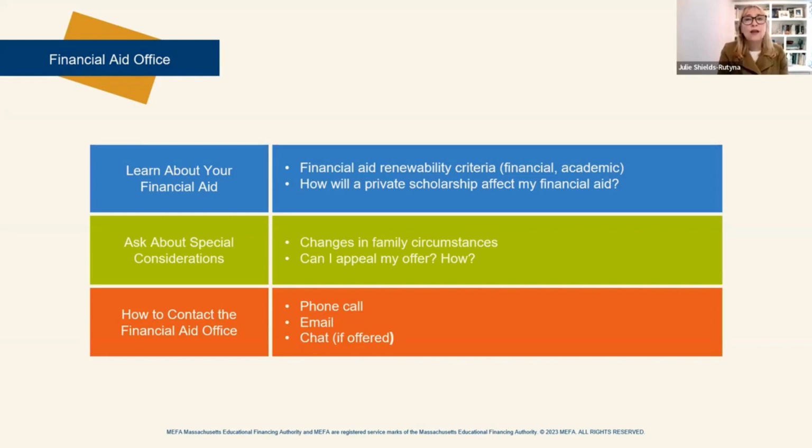Also, if you have changing family circumstances from the time you first complete your FAFSA until the time you are accepting the offer or attending college, if things have changed in your financial situation, you should always call the financial aid office and let them know of any changes so that they can also look at your financial aid offer and make sure that it's the best that they can do. And if you want to appeal, you can find out how to do that with the financial aid office.